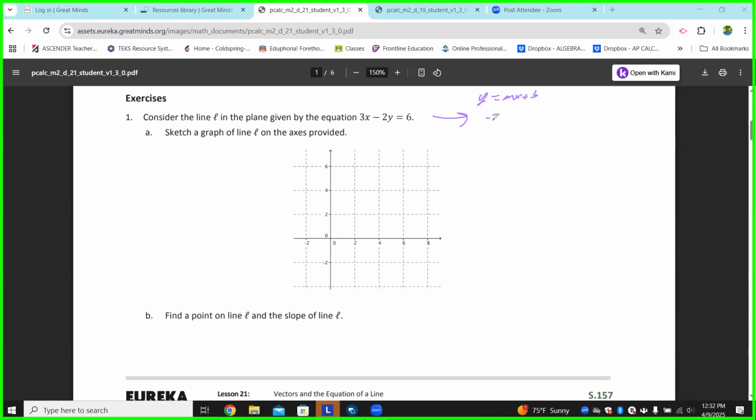Move the x, so I now get negative 2y equals negative 3x plus 6. Then what? Then divide by negative 2. So this gives me a positive 3 halves x minus 3. So what number is my first point there?